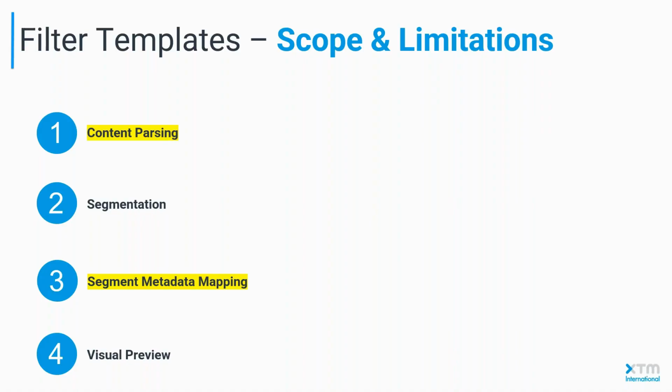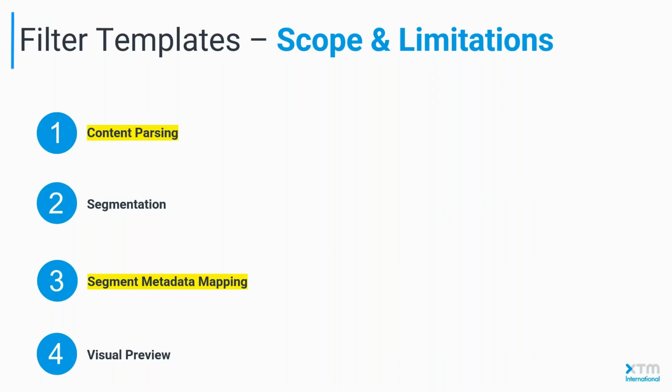So contrary to content parsing, the segmentation rules are defined per source language, because what gets segmented is the source. And it applies to all file formats that are processed in the project using this template. So that can also be read as a limitation.